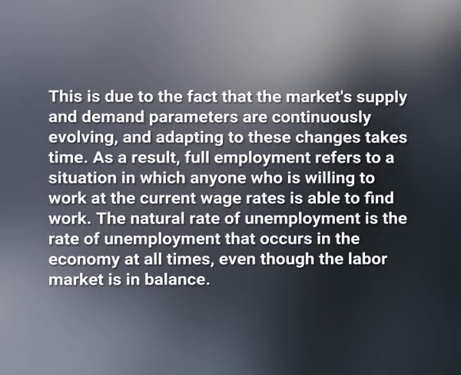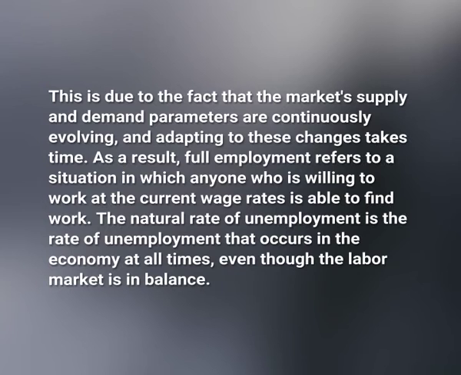This is due to the fact that market supply and demand parameters are continuously evolving, and adapting to these changes takes time. As a result, full employment refers to a situation in which anyone who is willing to work at the current wage rates is able to find work.